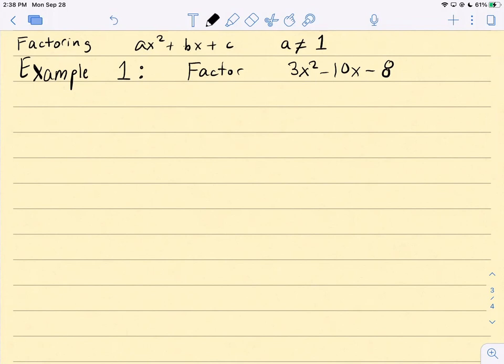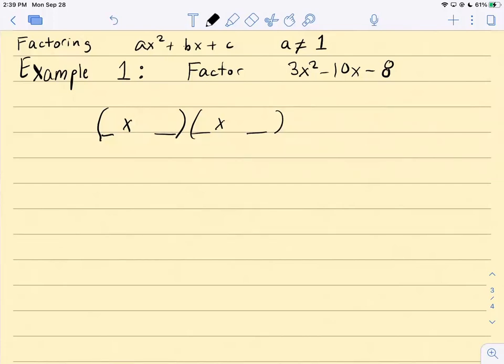Whatever numbers I plug in, I'm trying to guess two factors, with plus or minus, but when I FOIL this out, I better get 3x squared minus 10x minus 8.